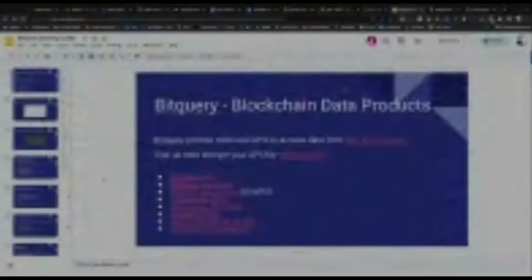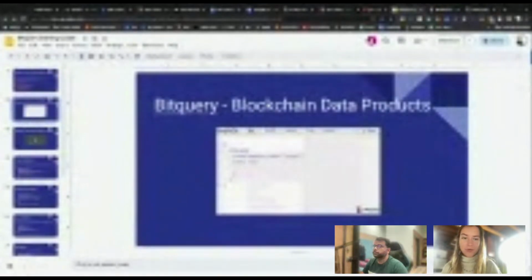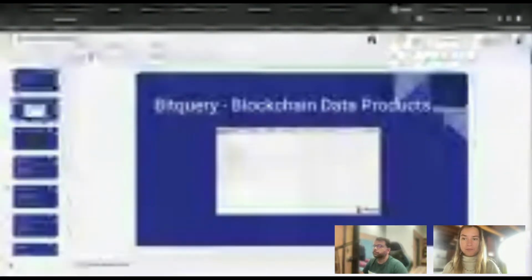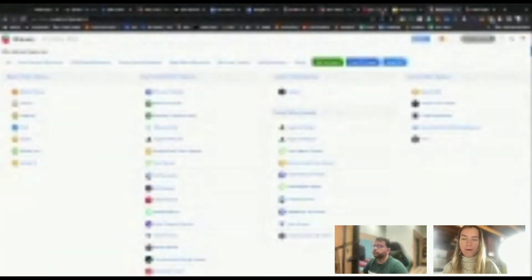Okay, my screen is visible, correct? Yes, it is visible, though very blurry. I do have to say, it's really hard to view what's on the screen and what it is that you're trying to show. All this screen is also blurry. Yes, it is, unfortunately.